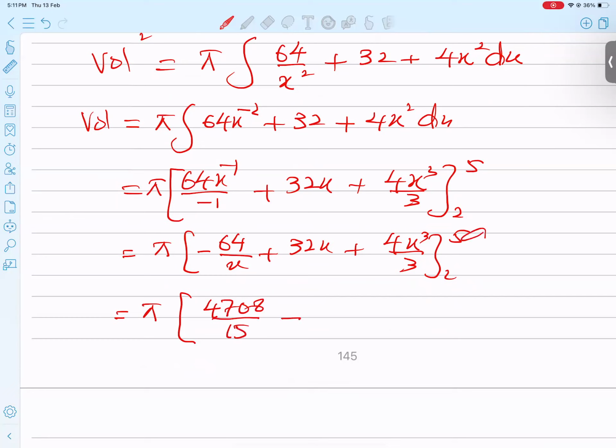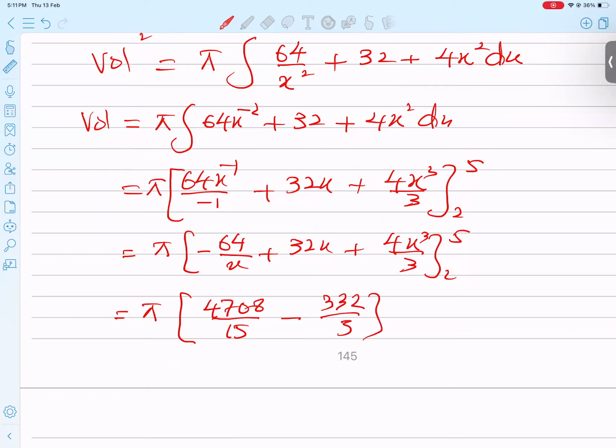This is when I plug in 5 everywhere. Now I plug in 3. So negative 64 over 3 plus 32 into 3 and plus 4 times 9, and I get 332 over 3.